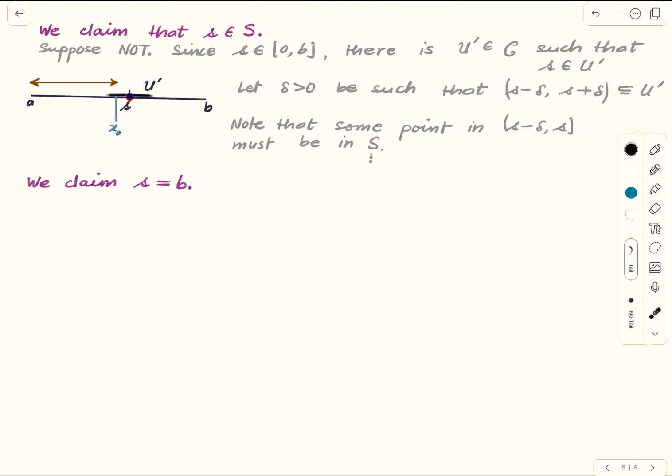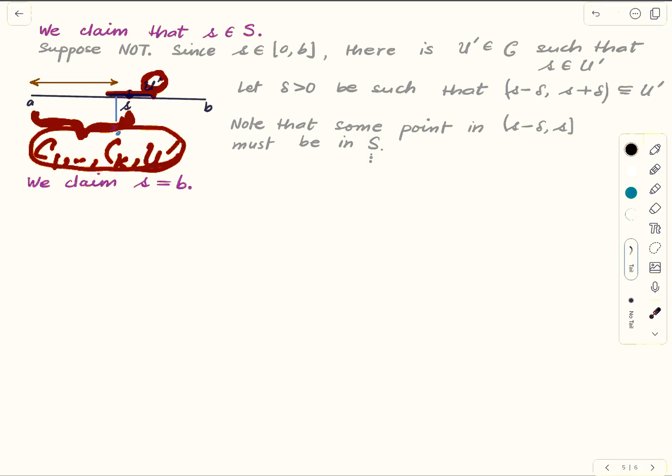If S is strictly smaller than B, as shown in this picture, then again you find a U prime which contains little s. U prime lies in fancy C. And since we have already shown that little s lies in capital S, this interval is covered by finitely many elements of C. Whatever those finitely many elements are, let's call them C1 up to Ck, you append U prime to it, you get another finite subset of fancy C which covers more than the previous one.